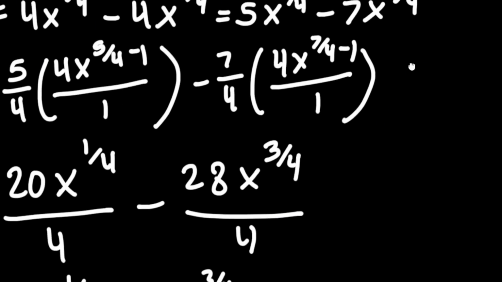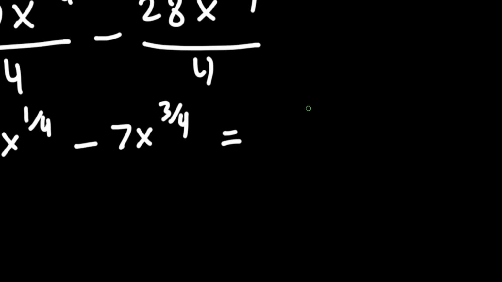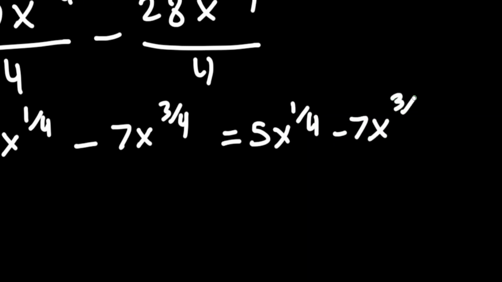Did we get the original problem? Yes, we did. So just copy 5x raised to 1 fourth minus 7x raised to 3 fourths.